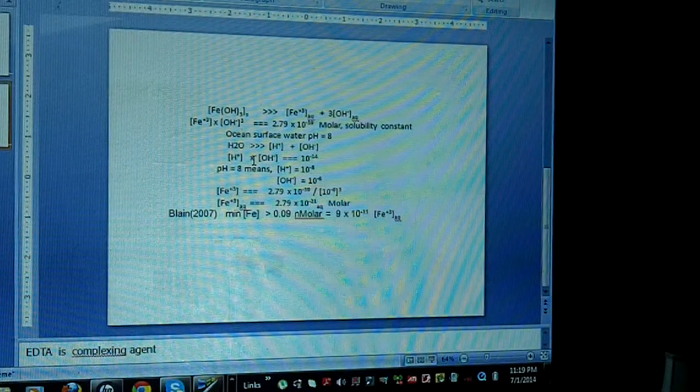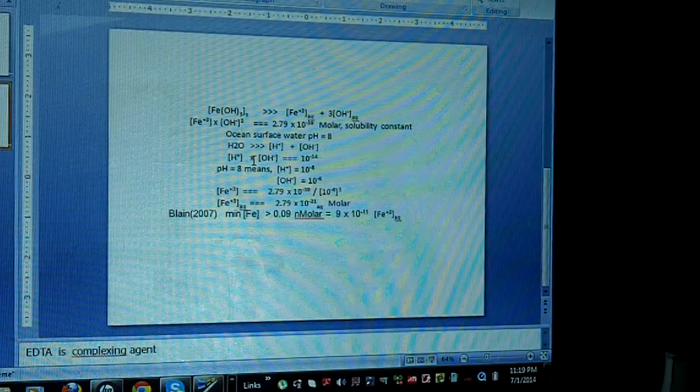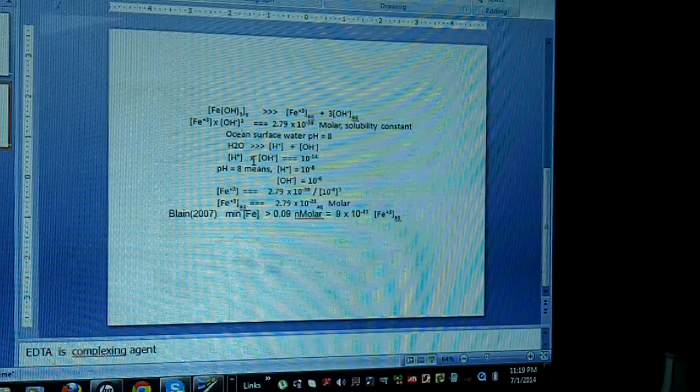Now here's the slide that explains the solubility constant. On the first line you see the FeOH3, and then it's got the sub S, which denotes that it's a solid. And then on the right hand side, when it dissolves, if it does, we have ferric ion in the water. That's what the sub AQ means.